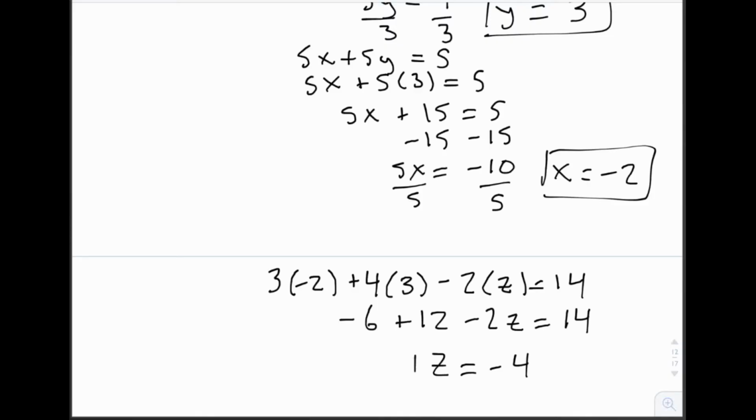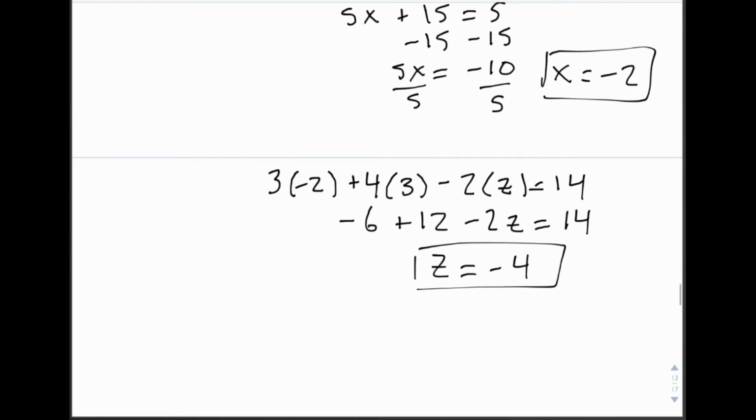So we now have z is equal to -4, x is equal to -2, and y is equal to +3. So we can write our ordered triple here. Usually this will be in the order of x, y, and z. So we can do x, and then our y, and then finally our z value here. And we should be good to go for this specific example.